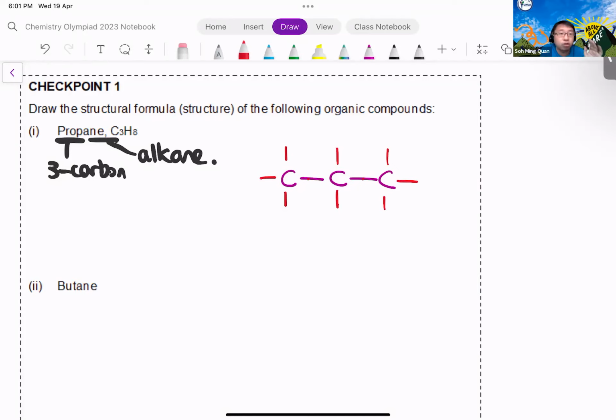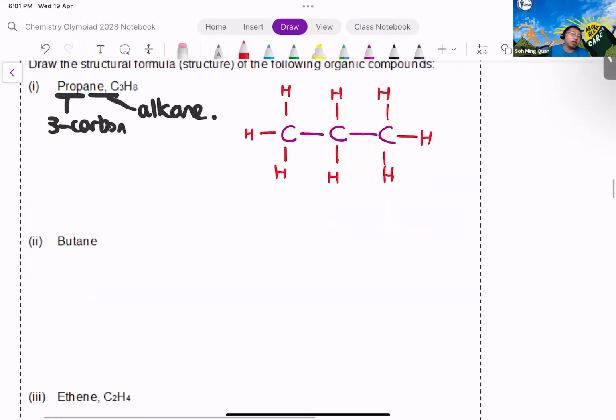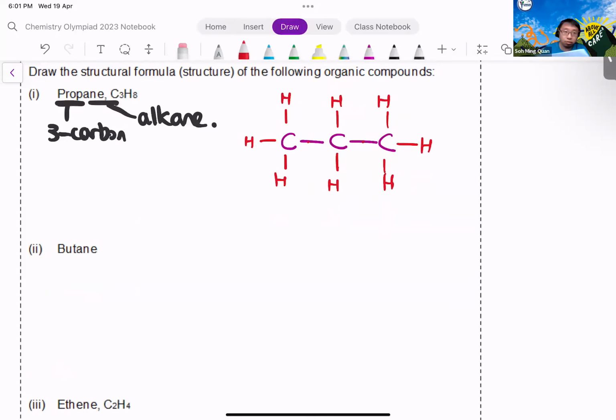Please check that you really have 4 bonds around each carbon. Then you just fill up with H everywhere. That's how you draw C3H8, and that's propane. Later on, I shall leave you to draw butane on your own. After this lesson, I will fill up the OneNote, and you can go in to check whether your butane is correct.